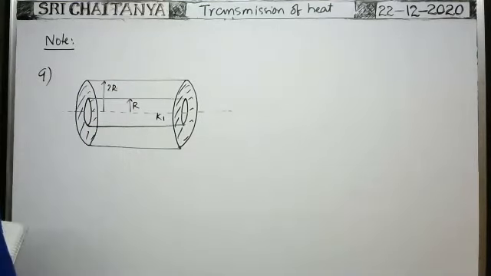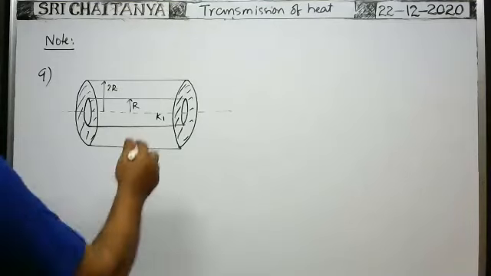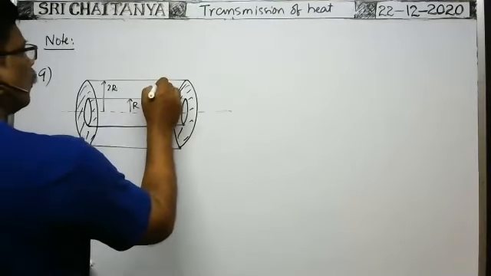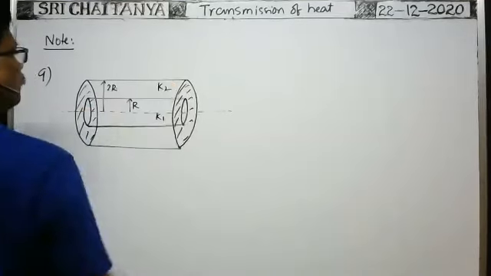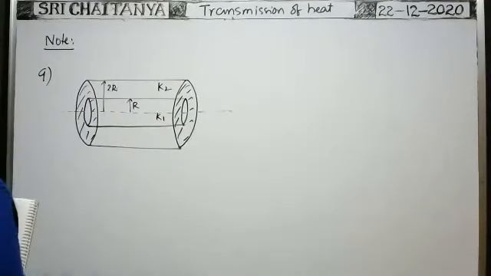It is surrounded by another shell having inner radius R and outer radius 2R, but with coefficient of thermal conductivity K2. That is given. Okay. Now the effective coefficient of thermal conductivity is dash.